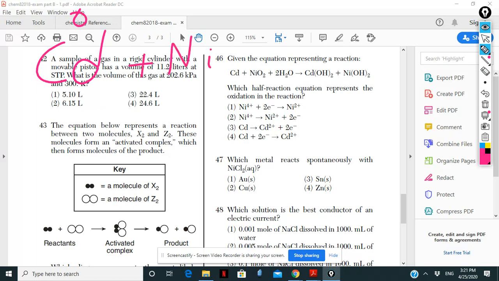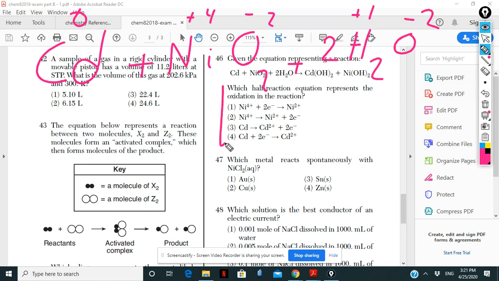Nickel and oxygen: oxygen is negative 2, times 2 is negative 4, that's positive 4. Plus 2 hydrogen, water, so that's positive 1 and that's negative 2. Now what happened? The cadmium, the OH is negative 1, so that's positive 2.